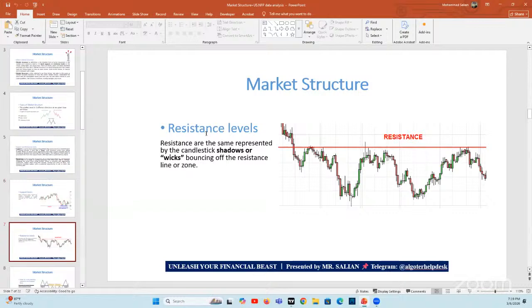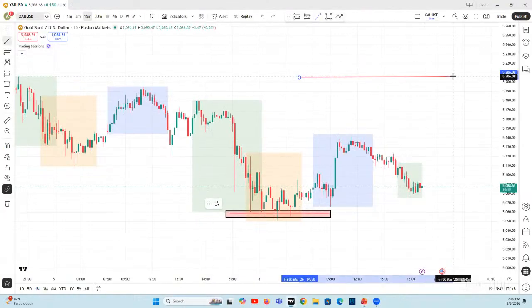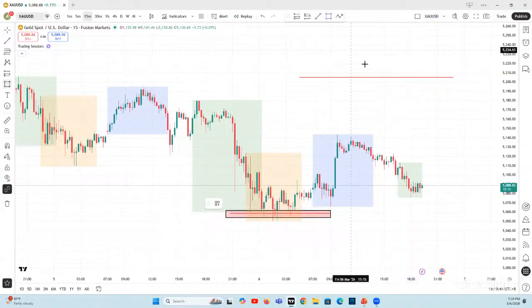So on the resistance, it's the opposite. Okay, resistance are the same, represented by the shadow bouncing off the resistance line or zone, just like this. You see, there's no body candle close there. When I say body candle close, for example, this is the line. Okay, there's no body candle close.